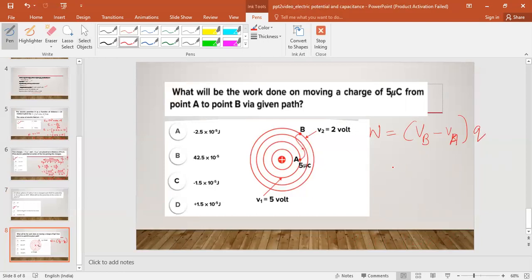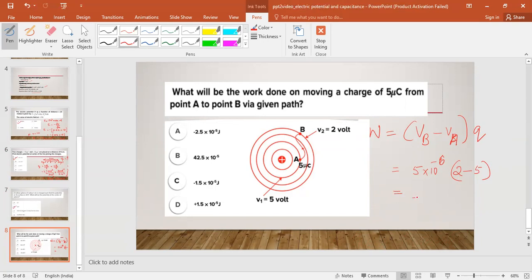So Q is 5 microcoulomb, that means 5 into 10 raised to minus 6 into the potential at the point. Okay, we have to bring the charge from point A to B. The potential at B is 2 and the potential at A is 5. So the work required is W equal to Q into VB minus VA. 2 minus 5 is minus 3.